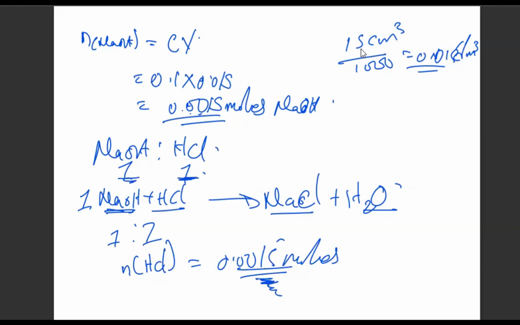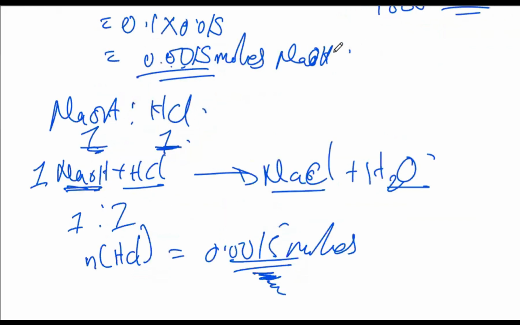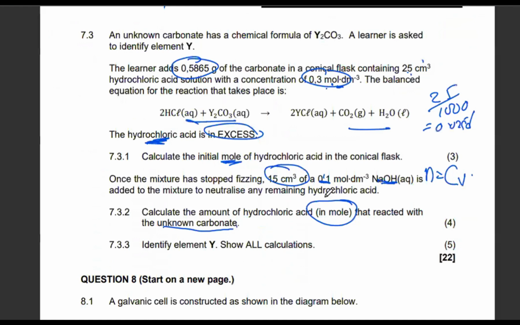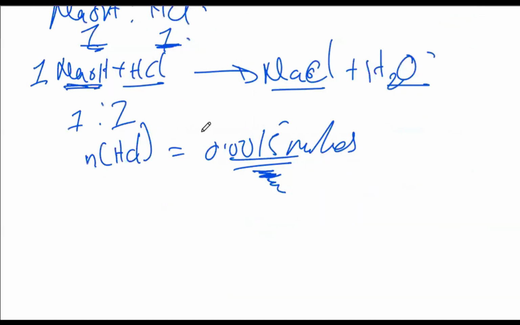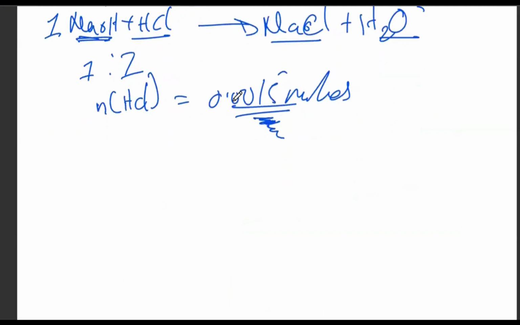Why am I saying that? Because these are the number of moles which reacted with sodium hydroxide. It means that the remainder is the number of moles which are left.